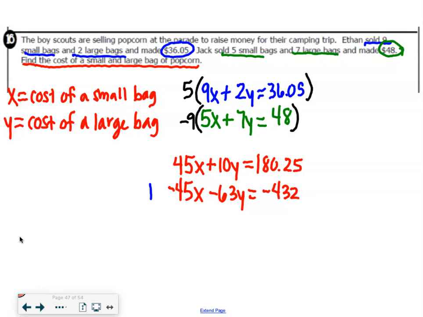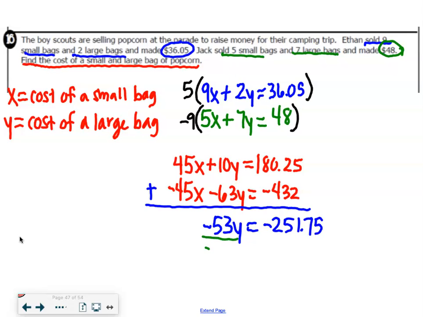Okay, now we can combine these 2 equations. So 45x minus 45x, they cancel, that's what we want, so we're good to go. 10y minus 63y would be -53y is equal to 180.25 minus 432 is -251.75.